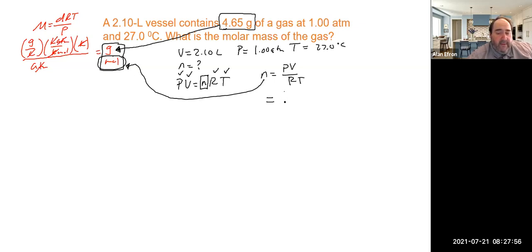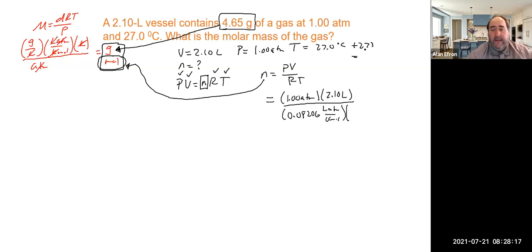If we did that, that would give us 1 atmosphere for our pressure. Our volume was 2.10 liters. Our R was 0.08206 liters atmosphere per Kelvin mole. And we've got the temperature, which obviously does need to be converted into Kelvin, so I think that's 300 we've got going on there.